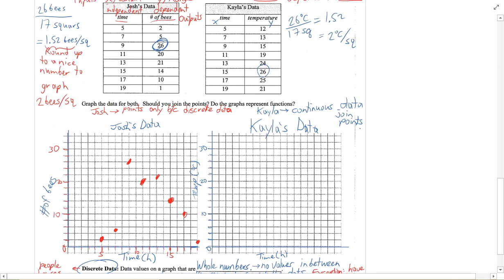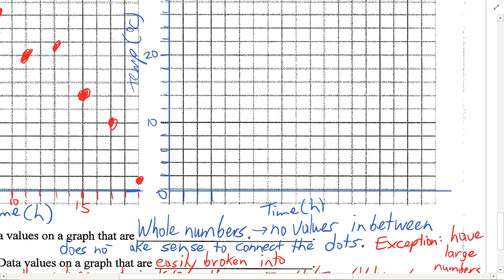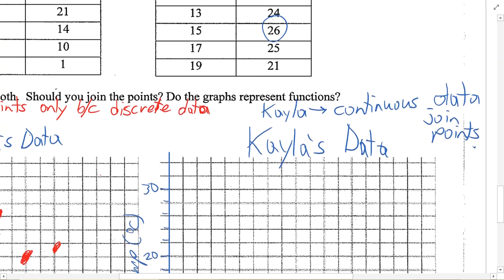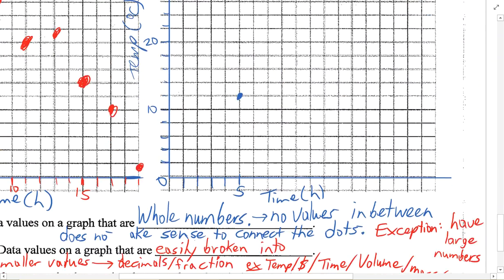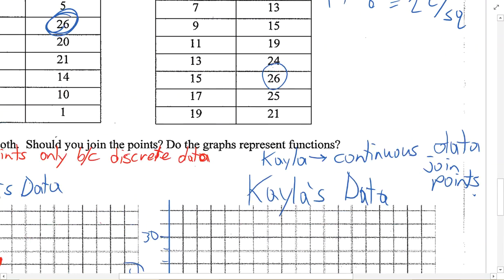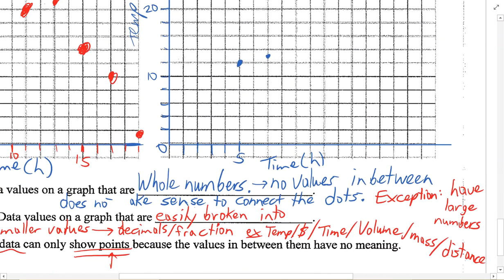5 and 12. So 1, 2, 3, 4, 5, and that's 12. Good. Next, we have 7 and 13. So 7 and 13, there we go. Next, we have 9 and 15. So 6, 7, 8, 9, 10.